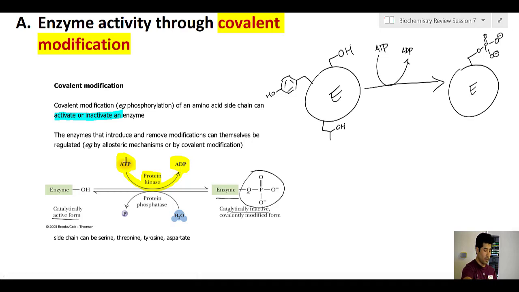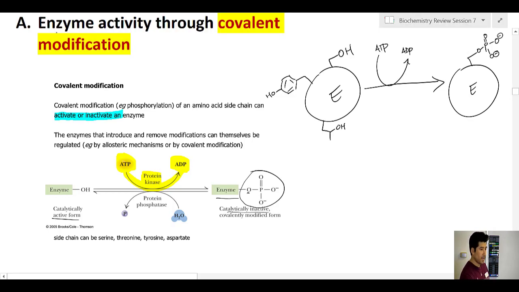So, yes, it gets attached to what? To the other enzyme. So do you guys see that? We have one enzyme, and what is it doing to another enzyme? It's acting on it.